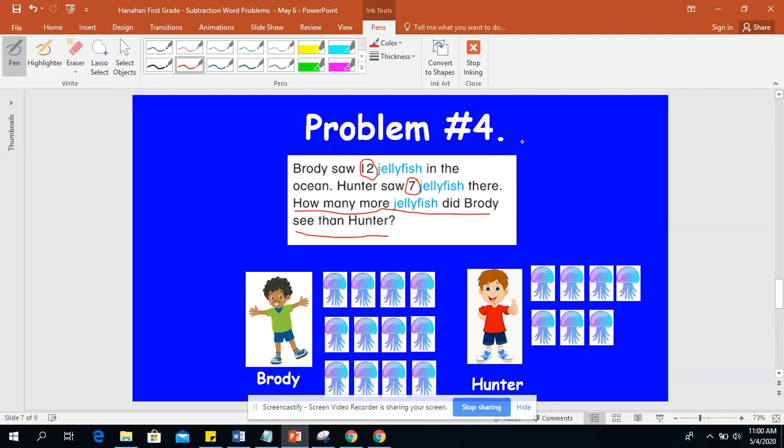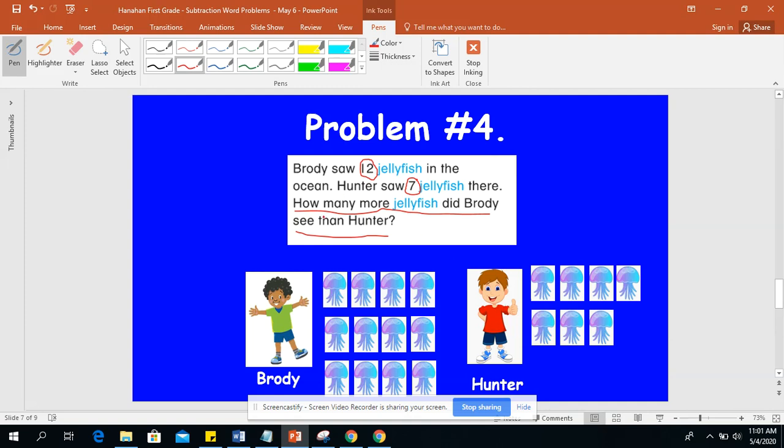So here's our picture at the bottom. We have Brody and we have Hunter. We know that Brody saw 12 jellyfish, which I have pictured here, and we know Hunter saw 7 jellyfish. Between the two boys, we can tell that Brody saw more jellyfish than Hunter.